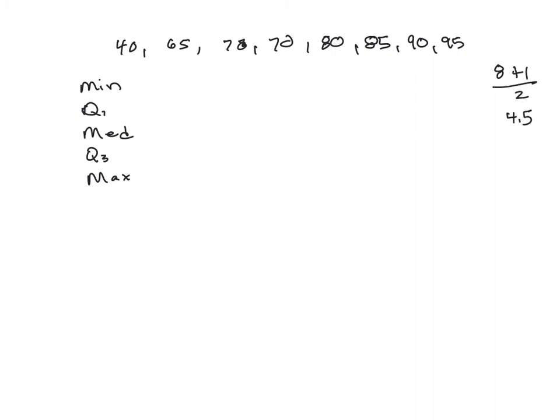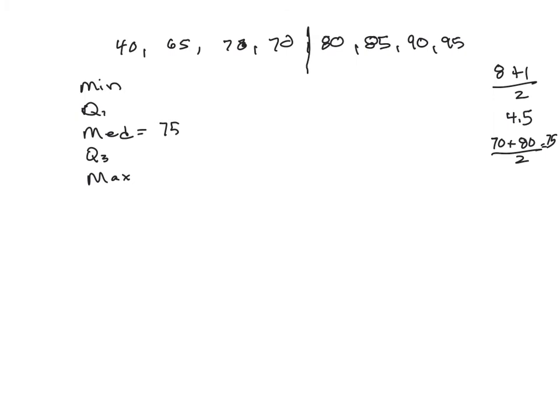That means my data value is halfway between the 4th and the 5th data value. You'll notice that I lined all these up in order ahead of time. I need to do that. All right, so halfway between 70 and 80 is 75. That's my median.